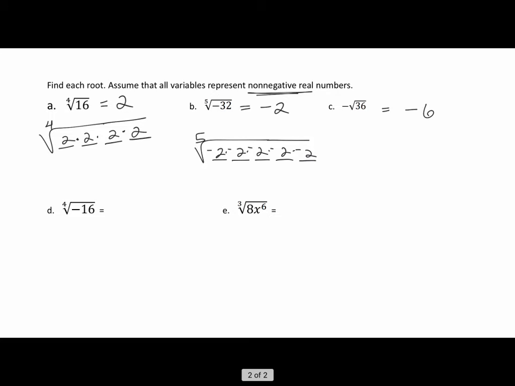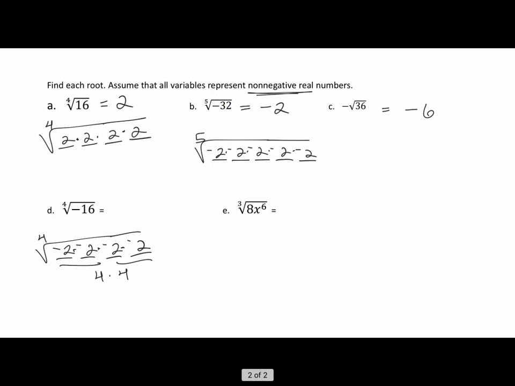For D, the fourth root of negative 16. So is there a number that multiplies 4 times to be negative 16? We just saw that 2 4 times is 16. Can we get a negative 16 here? What if these were all negative? Then that would be positive 4 times positive 4, which is positive 16.